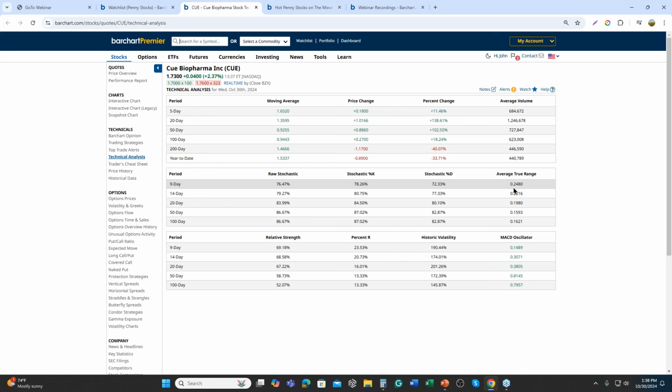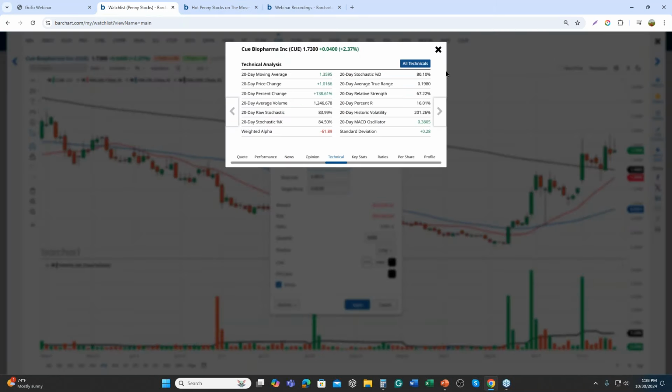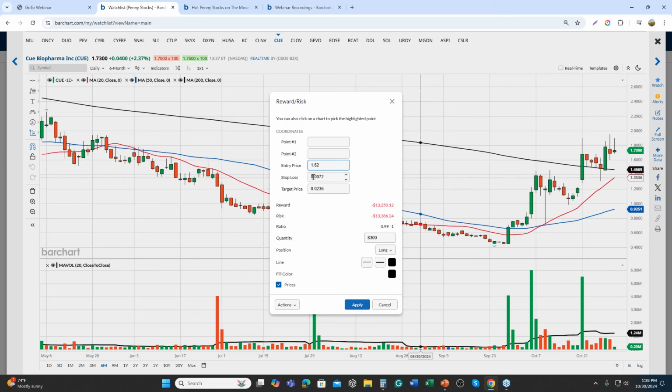Let's make this easy for ourselves. So that is 0.25 or 25 cents. So 1.62 minus 2 times our ATR, 25 times 2 is 50 cents, 1.12. All right, what is my target?